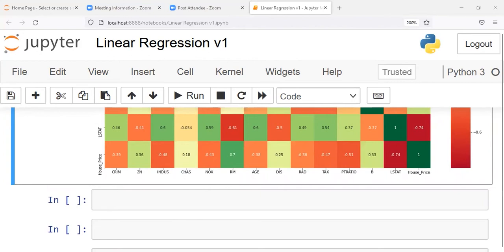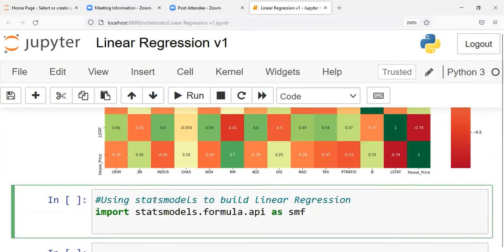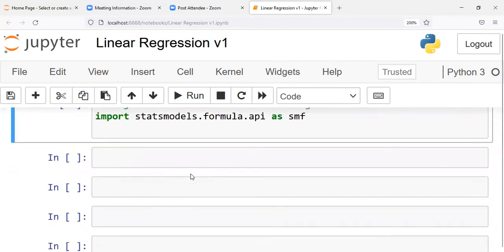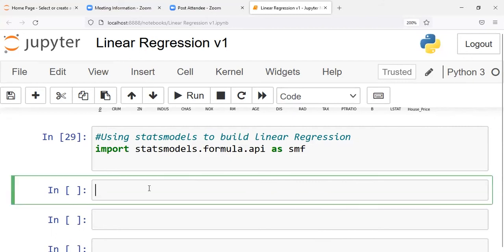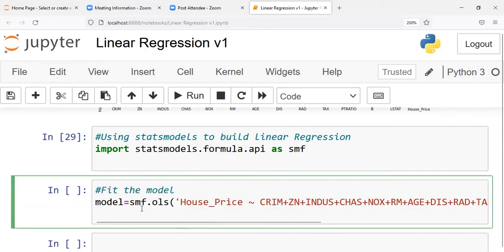Now, I will be using the statsmodels library to build a linear regression model. Let me import statsmodels to build the linear regression model. What next? The next step would be to fit a linear regression model. You can see here smf.ols.